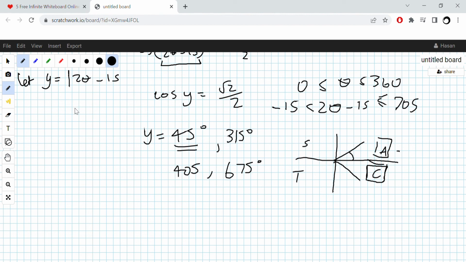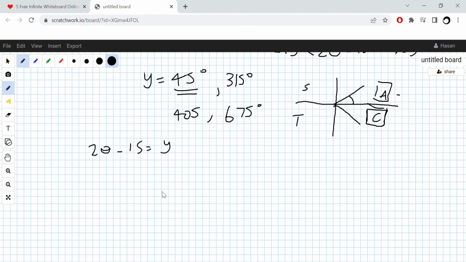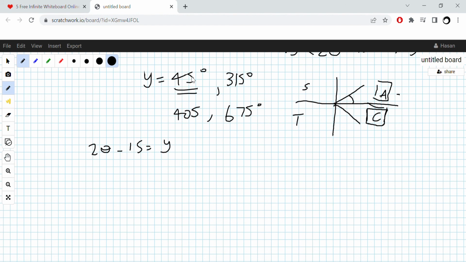Now because of this expression we've set up, we can use the substitution 2θ − 15 equals all of this. So you would simply rearrange and change all of these y's into theta.